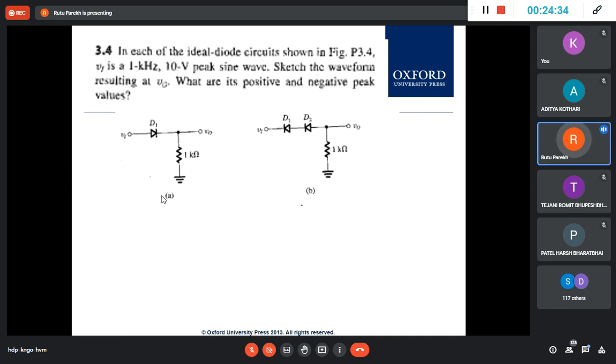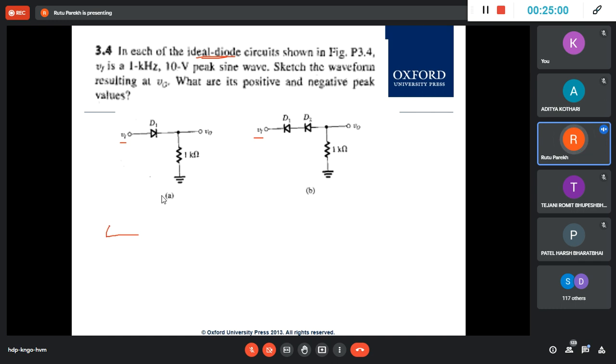Here also it's an ideal diode, and here now you have to look very precisely, and VF is given here. The frequency is 1 kilohertz and a 10 volt peak sine wave is our input.